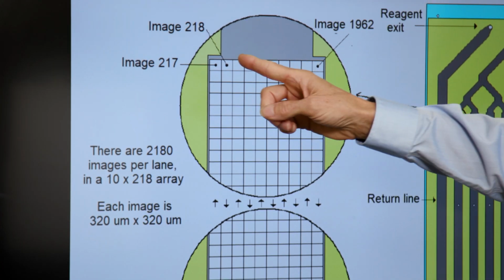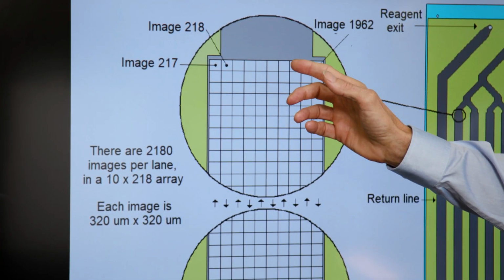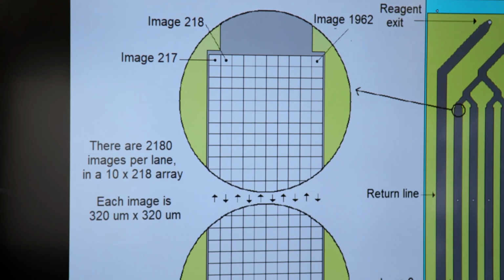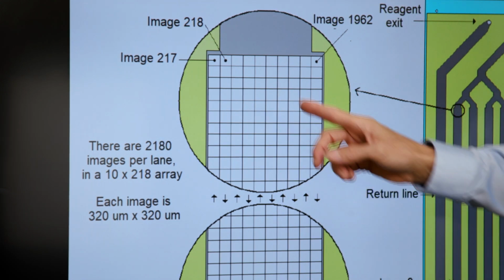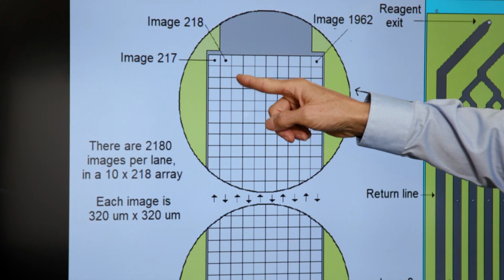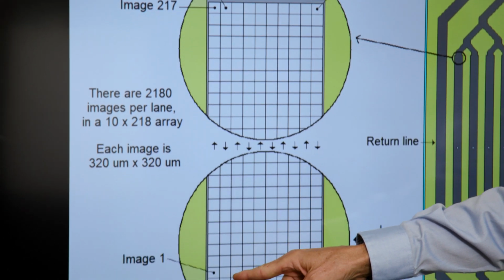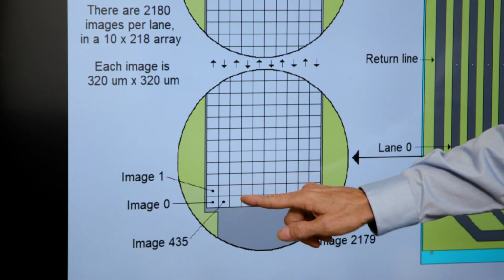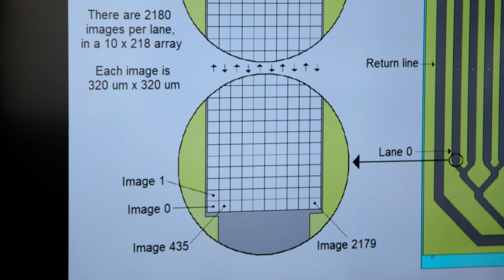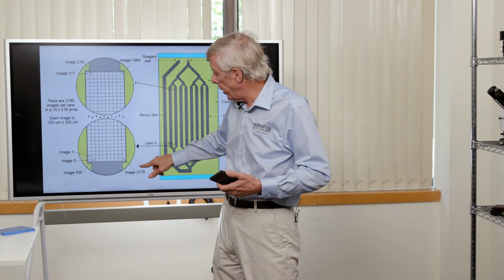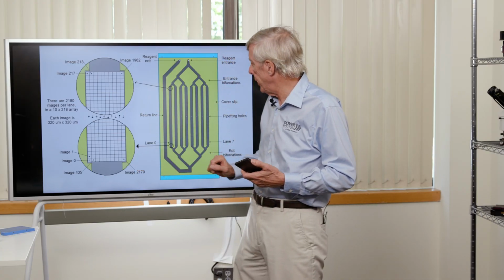And then we step over in the lower axis, which has a higher payload mass and doesn't have to move as aggressively. We move over to image 218, reverse direction, and head on down the row to image 435. Continue this all the way to image 2179.